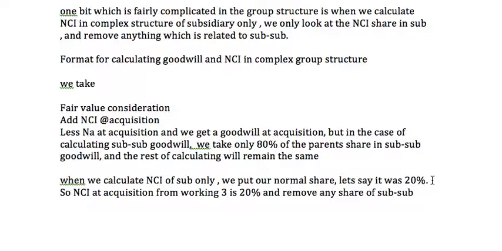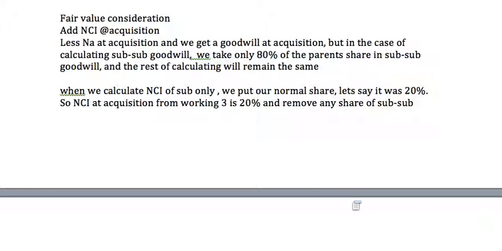So NCI at acquisition from working 3 is 20%, and remove any share of sub-sub from interest in sub, which we mentioned above, because in that situation we will be looking only at the sub calculation. So in sub NCI calculation, we need to take non-controlling interest at acquisition of 52% and add NCI of post-acquisition share, and you'll get NCI at year end.